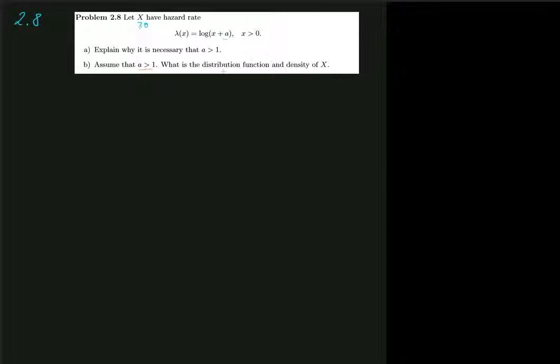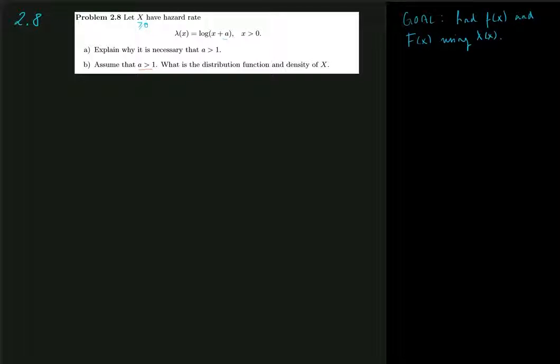So given that a is greater than 1, the distribution function and the density of x may be found on page 20 in the book. So the goal is to find the density and the distribution function using lambda of x.